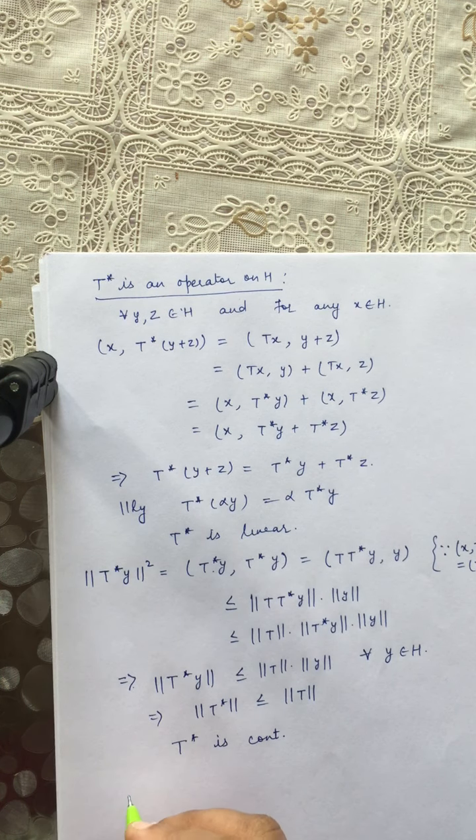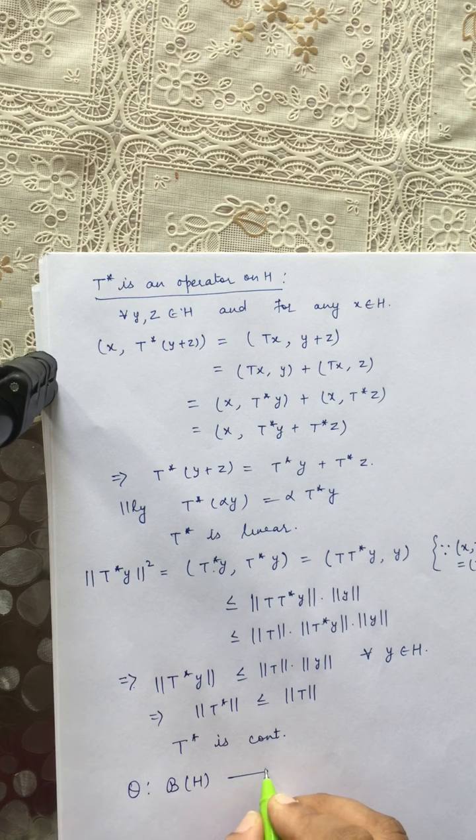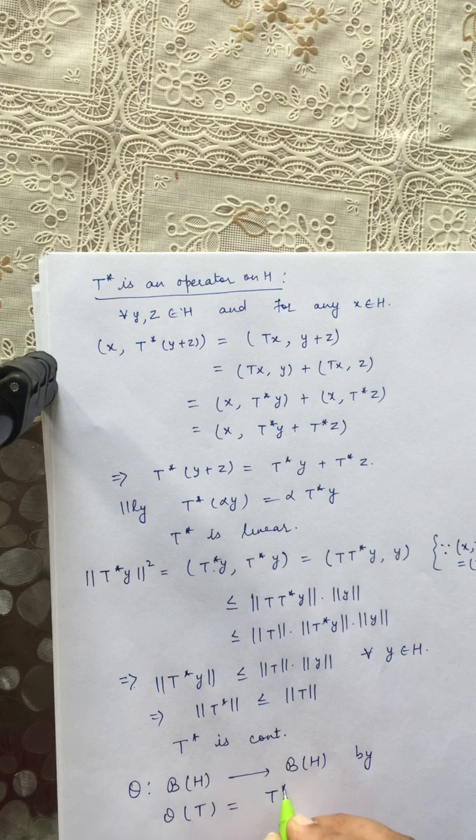Now if we define a mapping, let us say theta from B(H) to B(H) by theta of T is equal to T star. Now this T star is the adjoint because this is an element of B(H).